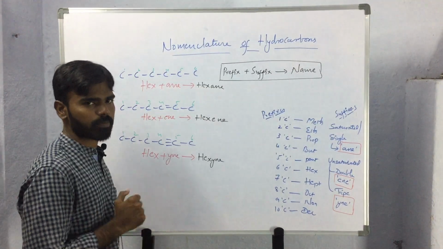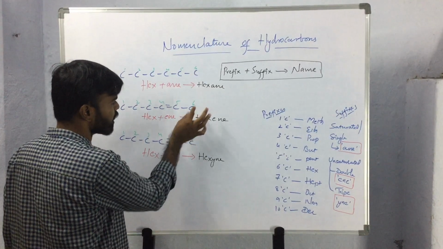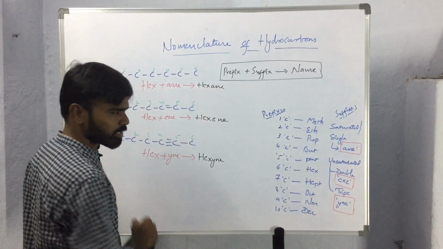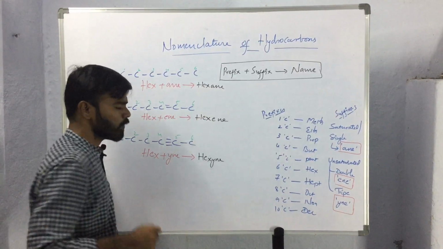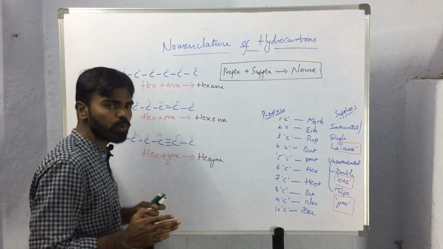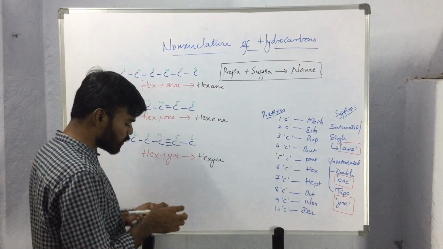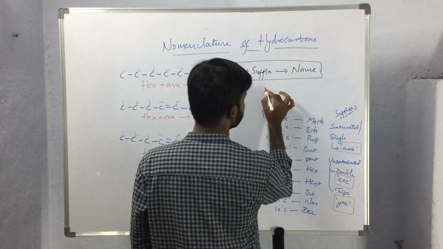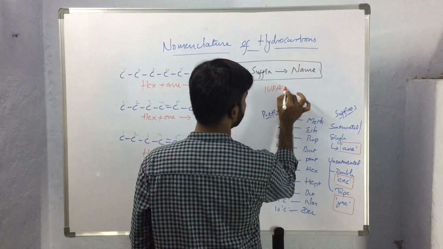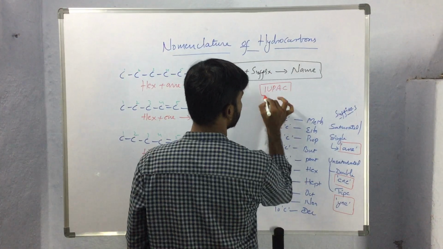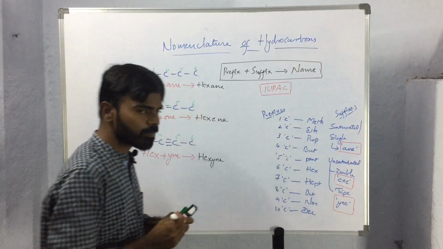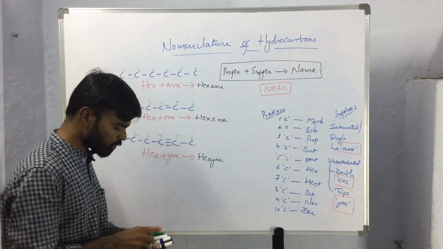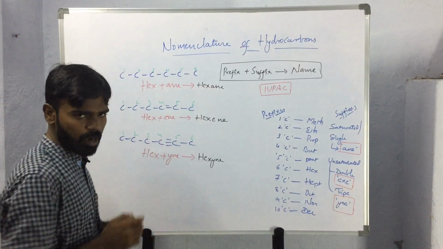So which way of numbering will be right? For this we have to see the rules framed by the International Union for Pure and Applied Chemistry, which framed rules to name the organic compounds.